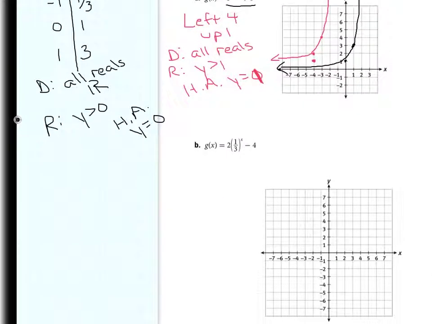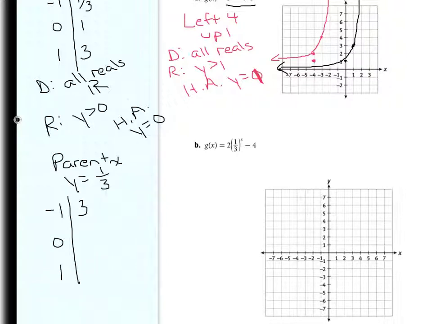The next one, what is my parent graph? The parent is y equals 1/3 to the x. When x is -1, we'll be at 3. When x is 0, we're at 1. When x is 1, we're at 1/3.